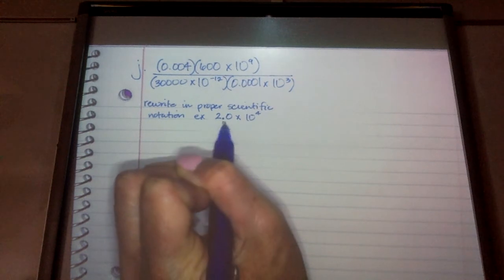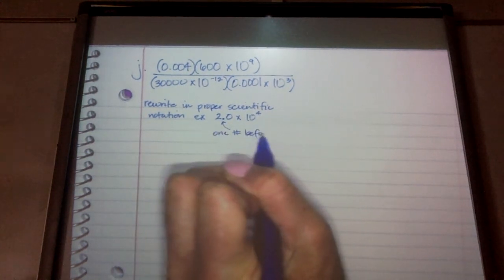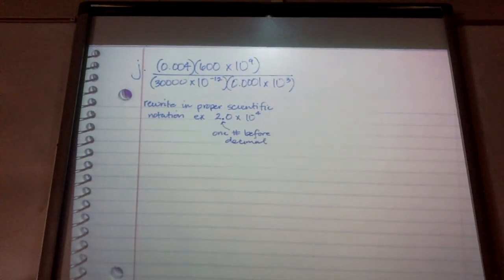There's only one number before the decimal. So I have to rewrite all of these so that they're in proper form. Then I can combine these.